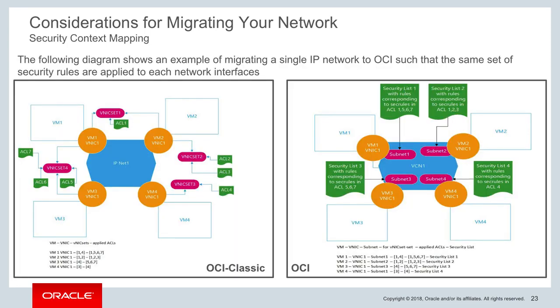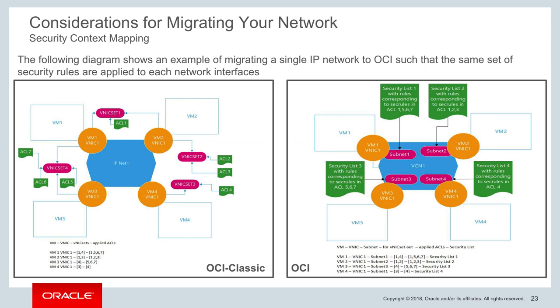Let's now look at an example for security context mapping. So in the screen, you'll see two diagrams. One on the left is for OCI Classic, where you have one IP network with the four VNIC sets, and these four VNIC sets are attached to four VMs, and each VNIC set has one or more access control lists applied.